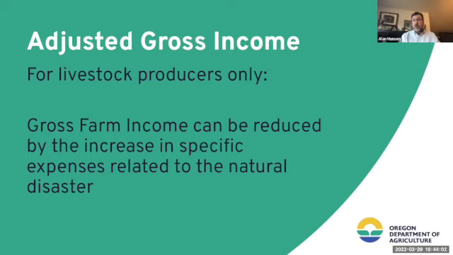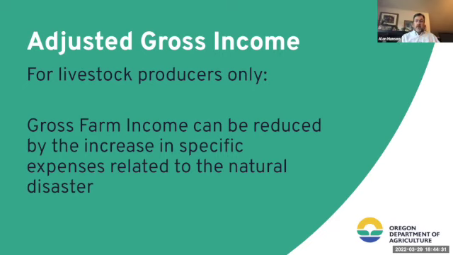For livestock producers, they have the opportunity to increase their income by selling more animals than what they would typically sell in any given year. So maybe they're selling mamas, or they're selling bulls, or something that they wouldn't normally do, but because of their lack of income, they needed to get some additional income.